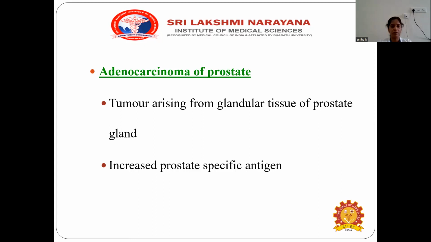If you do some investigations, like a blood investigation, in that person you can see increased prostate specific antigen. If there is increased prostate specific antigen, it will be diagnosed as a case of adenocarcinoma of the prostate. These are some functional histology points you can add along with the histological features. Okay, is it clear for you?